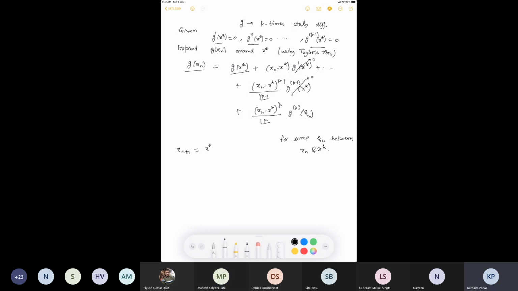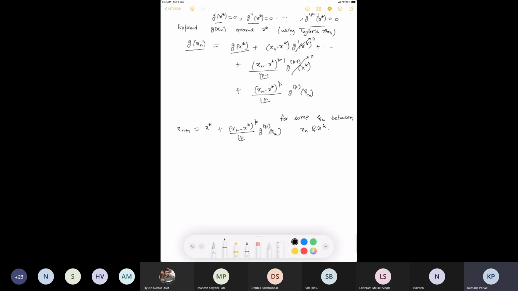And we are just left with the last term, xn minus x star raised to power p divided by factorial p into this term. So I can write from here x star minus xn plus 1 as minus xn minus x star raised to power p divided by factorial p times g p evaluated at xi n.